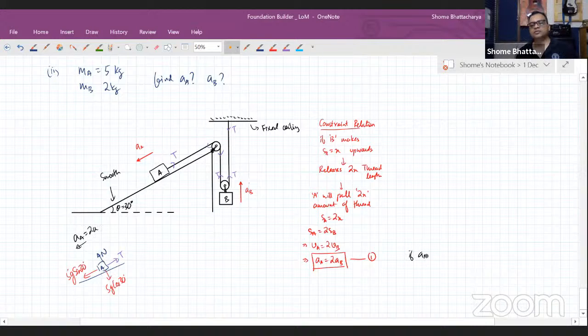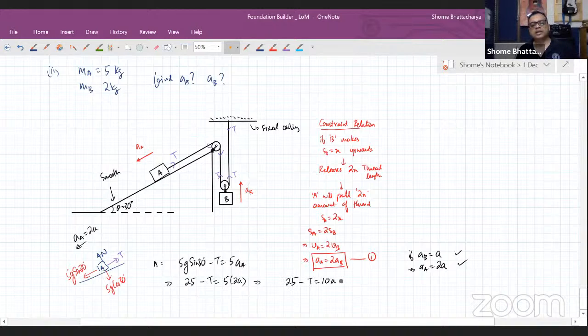So if acceleration of B is a, acceleration of A will be written as 2a. So we'll use these values. Okay. So for A, we have the equation 5g sine 30 minus T is 5 into acceleration of A, or 25 minus T is 5 into 2a, or 25 minus T is 10a. So that's our second equation.